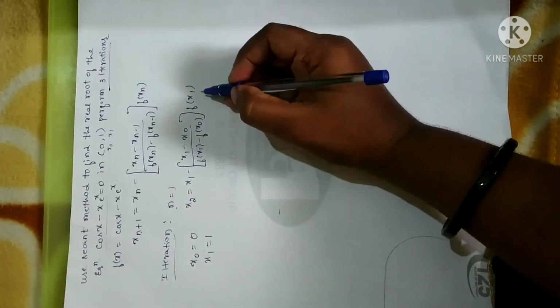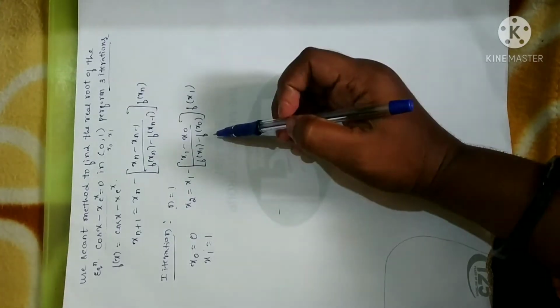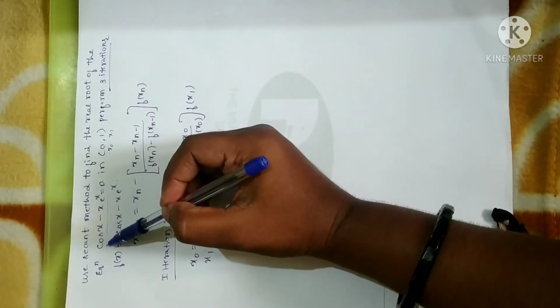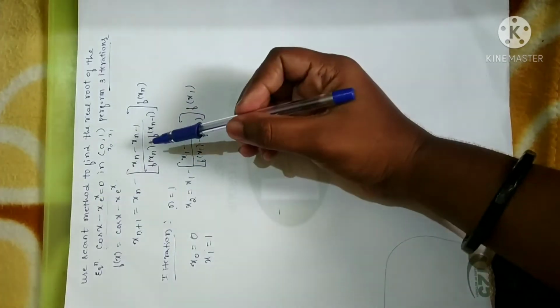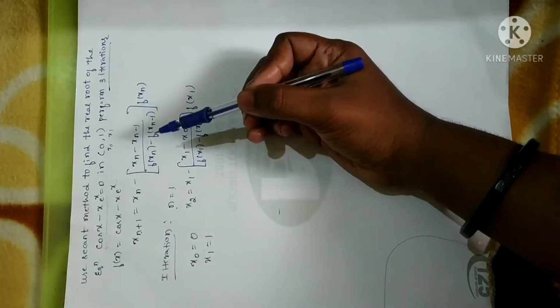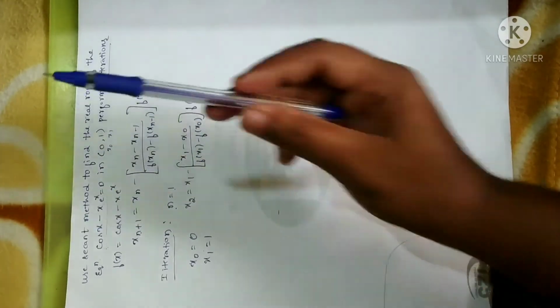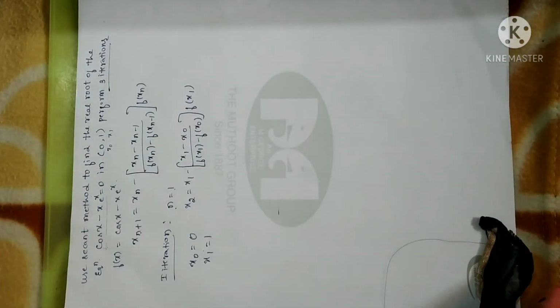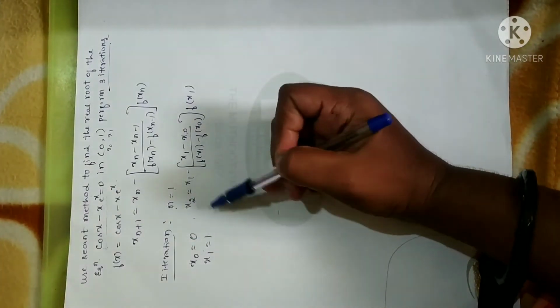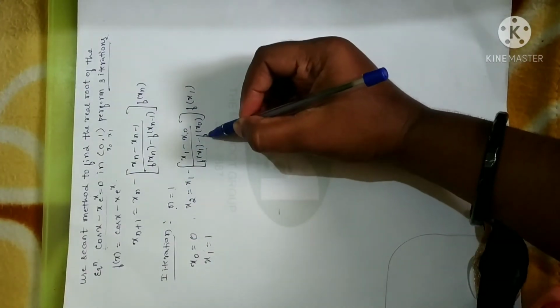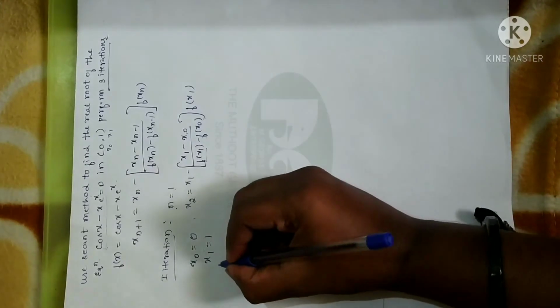Remember, the only change here in this problem is that we have a trigonometric function. Whatever may be the method, either the bisection formula or Newton-Raphson formula or secant method, you have to change the mode of the calculator as I already showed. Now, I have obtained the value of x0 and x1. Now, we have to calculate f of x1 and f of x0. So, let me do that.